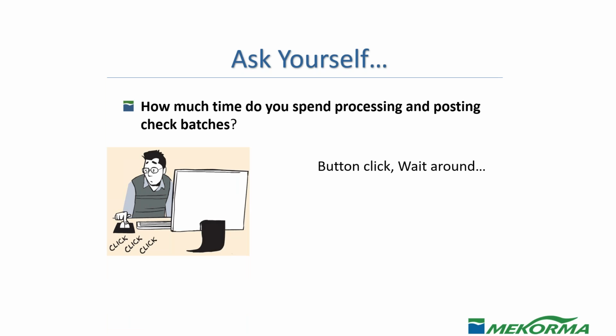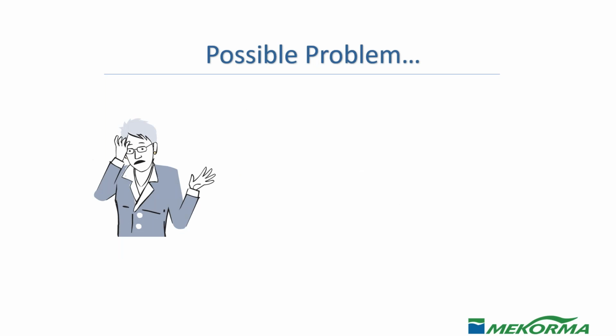All right, so ask yourself today. Now, I'm sure if you are the ones that are creating these batches, you know how much time it takes and how much time you waste clicking in and out of those screens, right? You're clicking a button, you're waiting. You're going in and out of screens. Well, that might be okay, right?